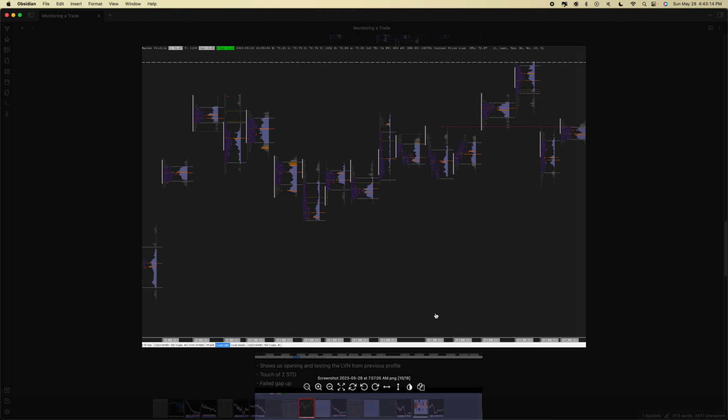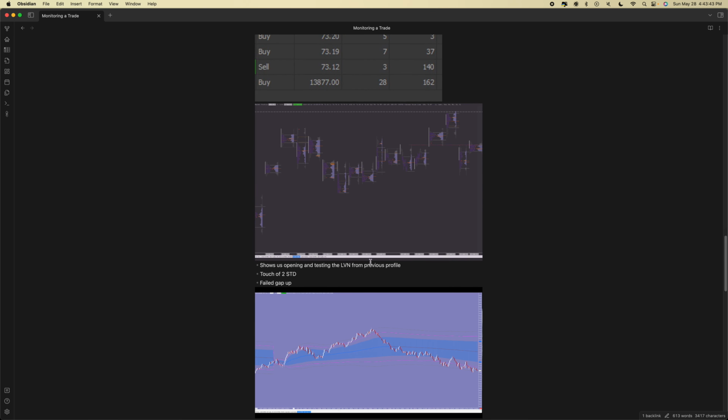I'll explain it right over here, but at 5:19, we opened and we found resistance into this low volume node. So when I saw that, I moved my stop loss to 72.12, and then I also put in a sell order because I figured once we find acceptance back below 73.12, we should go much lower to this low volume node where we put in a low over here. So that was my thought process behind that.